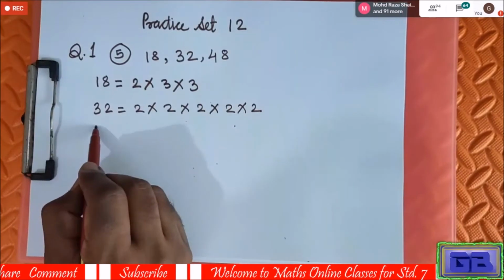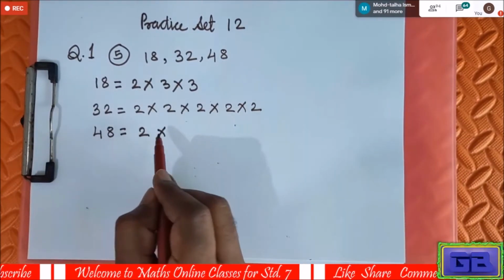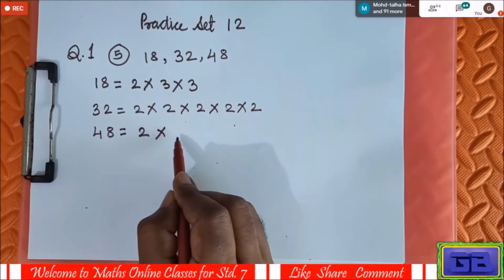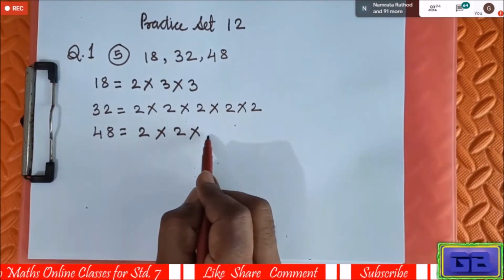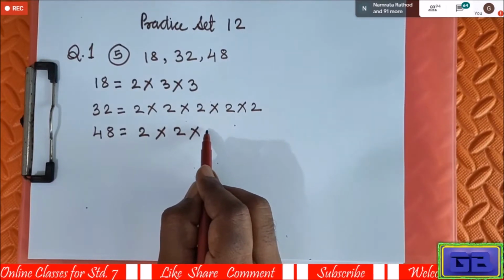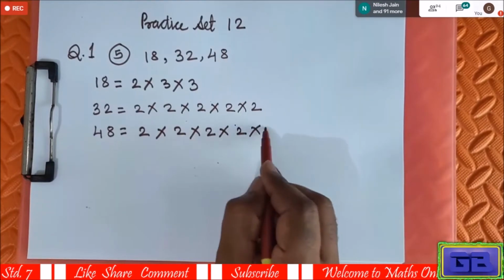Now 48: 2 into 24. Now 24's factors are 2 into 12. 12's factors are 2 into 6, and 6's factors are 2 into 3.